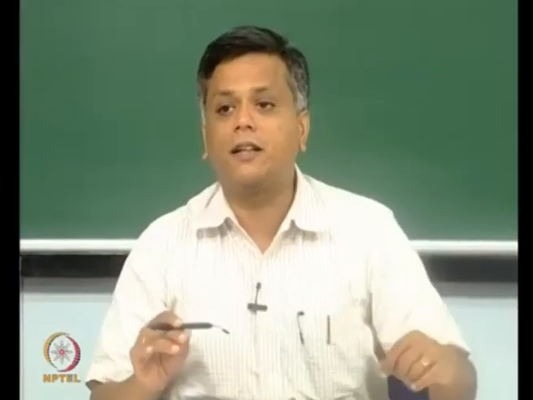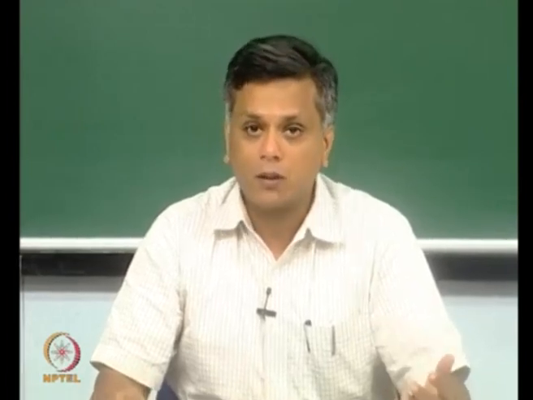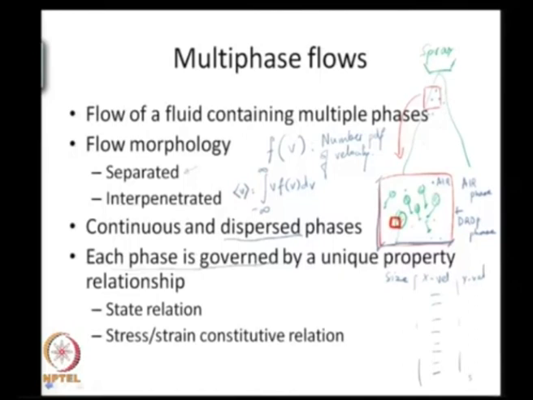phase as an entity that is separate from the discrete particles that make up that entity. So, we said each phase is governed by a unique property relationship, either a state relationship or a stress strain rate constitutive relationship.